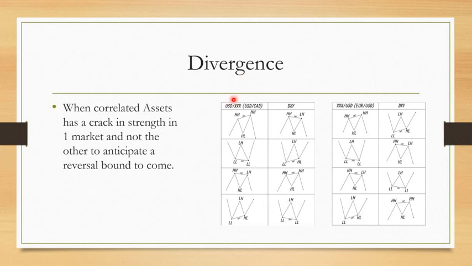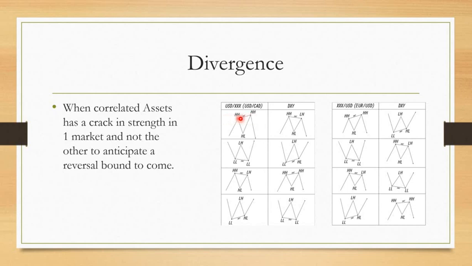So if we're looking at interlinked markets, both markets are going in the same direction. One market will create a higher high, one will create a lower high. The one that created the higher high is the one that was stronger, because it swept buy side liquidity creating that higher high, and it didn't create that higher high on the other market. So this would be the stronger one.